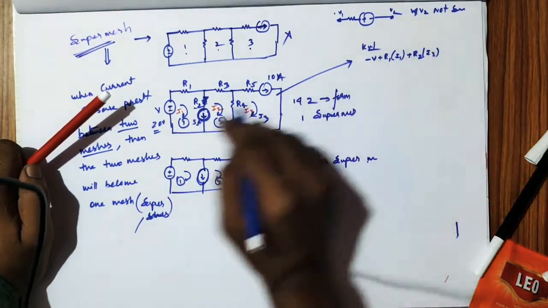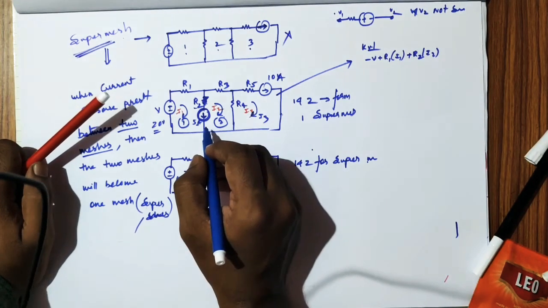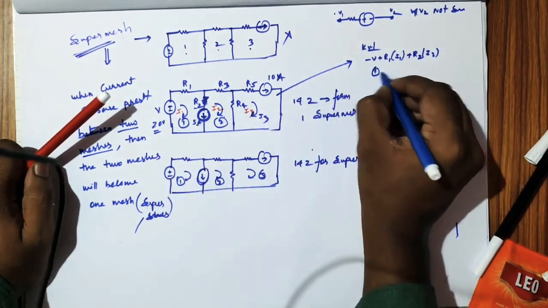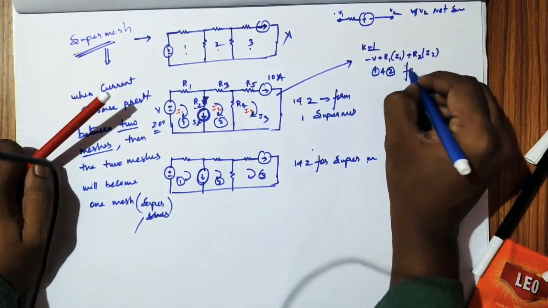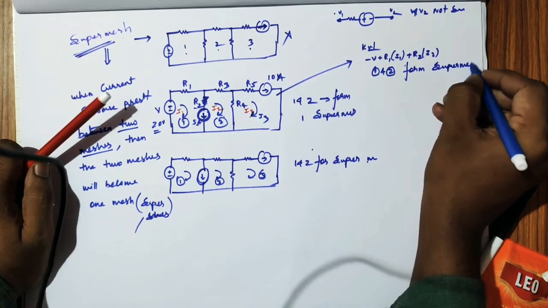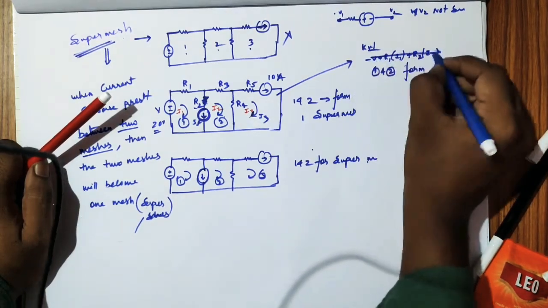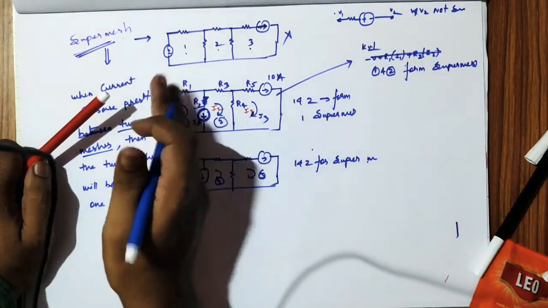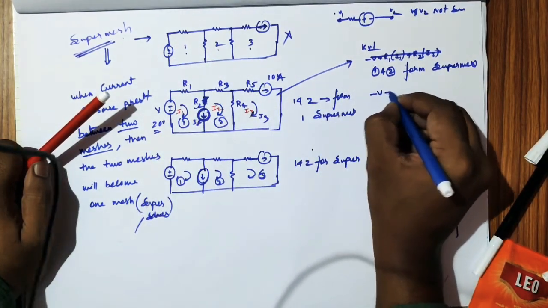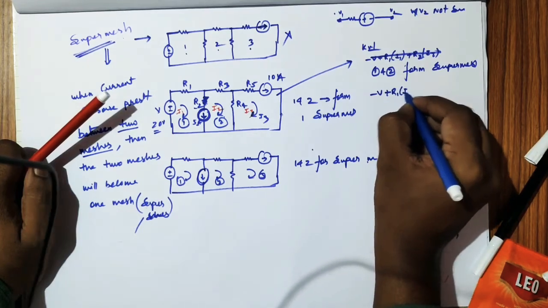Therefore the super mesh concept comes into play. We directly say that mesh 1 and 2 form a super mesh. Then the super mesh equation, starting from the left side of this current source, is minus V plus R1 into I1.